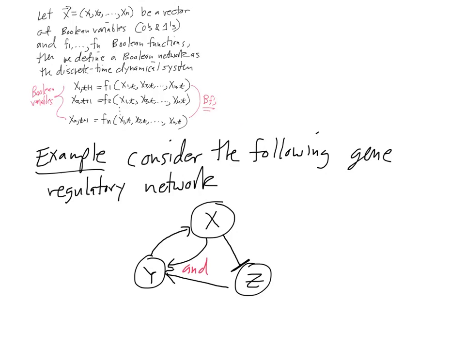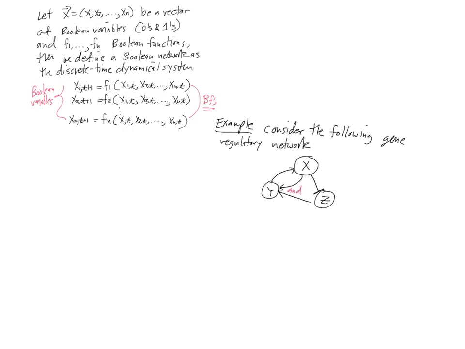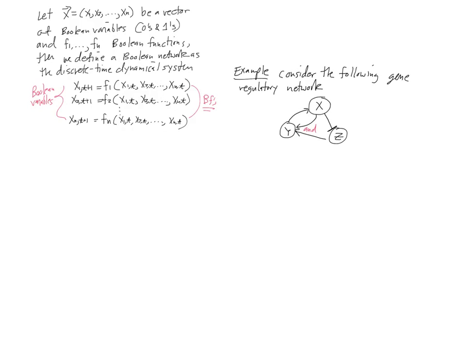Here we'll move this up a bit. We'll say that X at t plus 1, all that has to happen for X to be on is that Y needs to be on. So we'll put Y of t there. For Y to be on, we need both X and Z to be on.